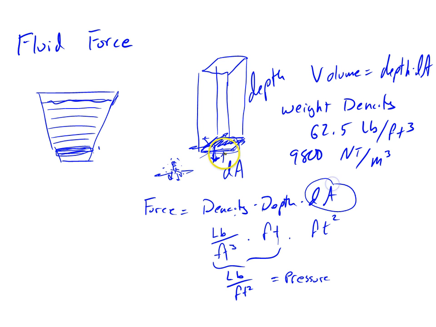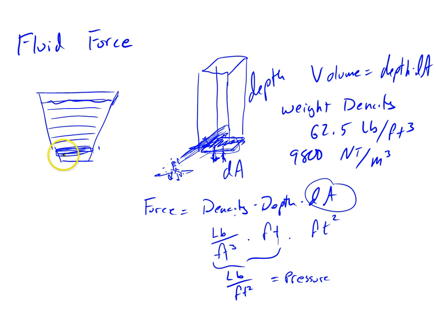That's your dA. Rather than the area being down and all the water sitting on it, you're thinking of it on the side here. You've got some length times some tiny little bit of thickness. And all that weight that's pushing down this way is also pushing sideways that way.